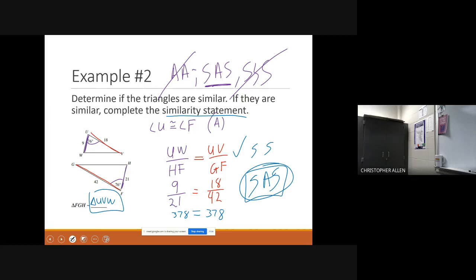Anyways, okay. The other thing that you could do is you could reduce this fraction, 9 over 21. 3 goes into 9 3 times. And 3 goes into 21 7 times. Now, what's the biggest number that goes into 18 and 42?